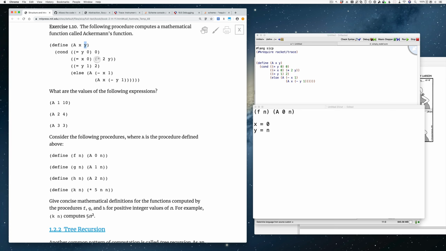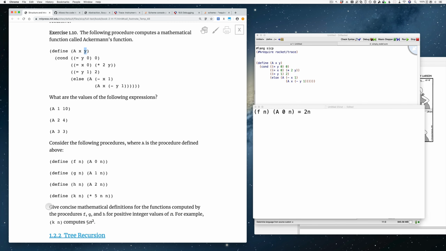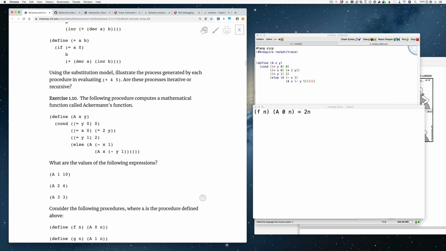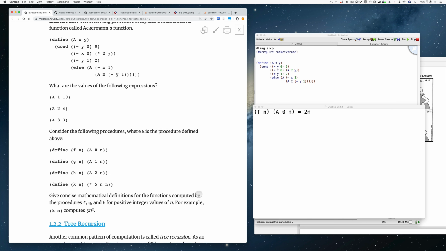N. What's the product of 2 and n? 2n. Pretty straightforward. I think that fulfills the decree of concise mathematical definition. It was a mandate. I think mandate's better than decree.